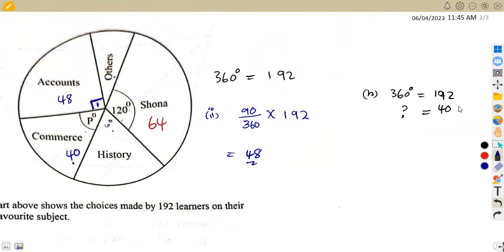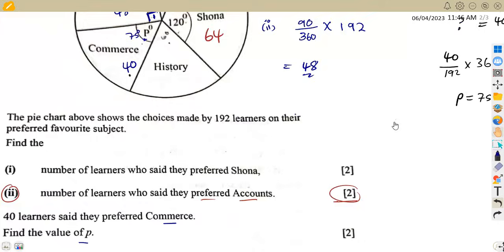That's 40 over 192 times 360 degrees. By finding this angle, we are finding the angle P. So that will be 75 degrees. So P is equal to 75 degrees. So we know this angle here now that it is 75 degrees. All right, so that is how we could have calculated this.